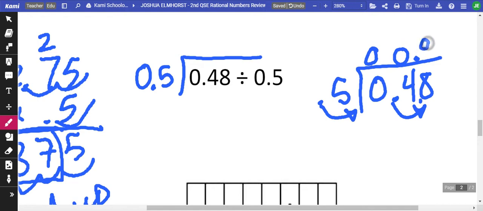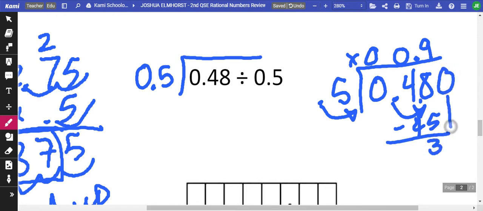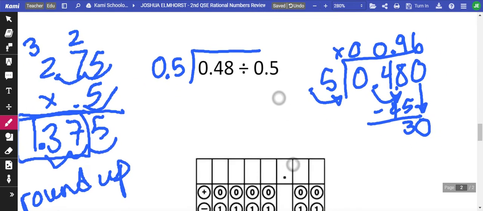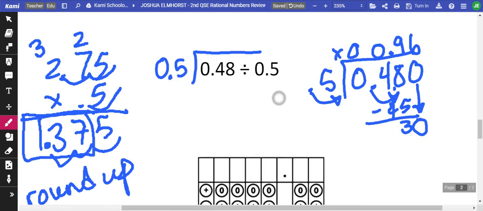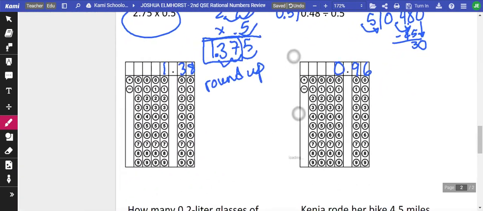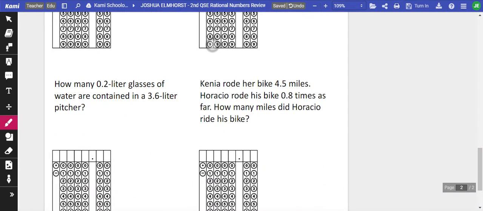So it's going to be 9. 9 times 5 is 45. Bring another 0 in there. And we continue dividing. 5 goes into 30 6 times. We got 0.96. That's our answer.